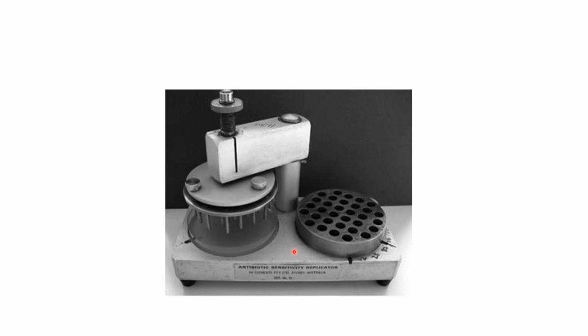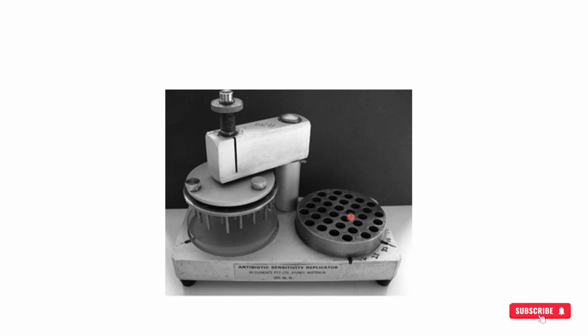So this multiple inoculator or steers replicator can inoculate multiple strains. Here you can see these are the wells, and each well contains a different type of strain or microorganism or bacteria, and this is the probe of this multiple inoculator.